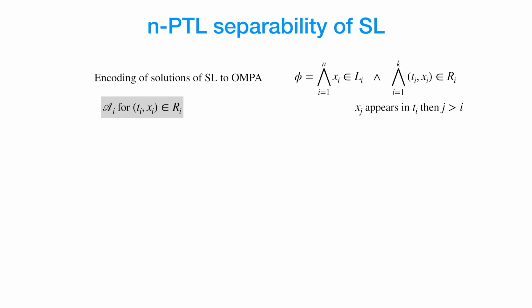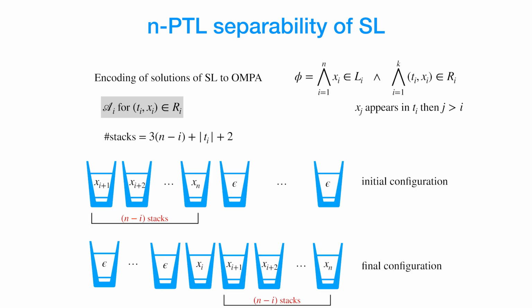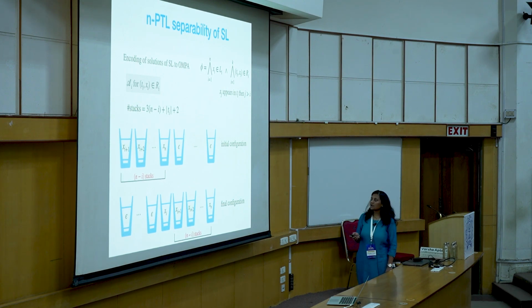So we will construct one ordered multi-push down automata which will satisfy ti xi belongs to ri. It uses a linear number of stacks. So this is what we want, that initially we have, suppose, valuation of xi plus 1 to xn in our stacks. At the end of computation of Ai, that is the constructed OMPA, we want to get valuation of xi, which satisfies ti xi belongs to ri.